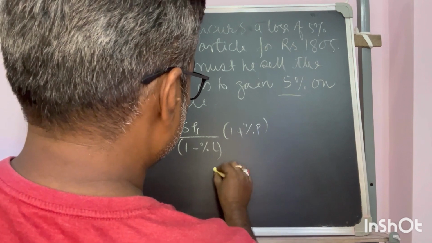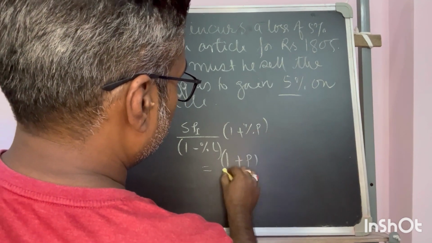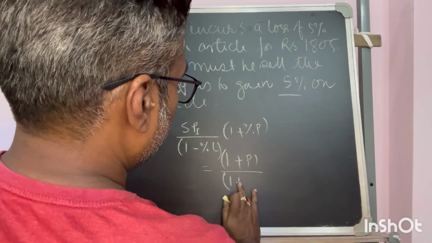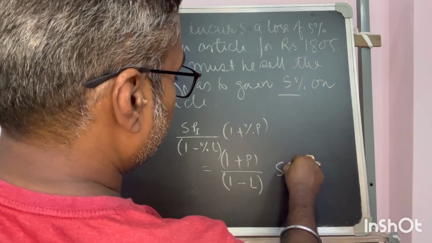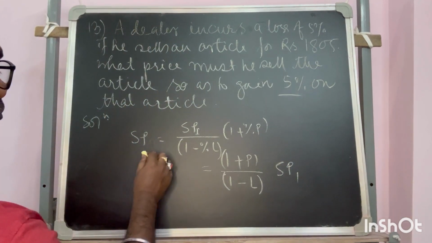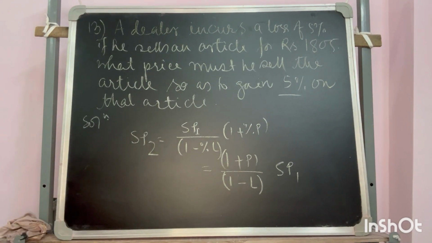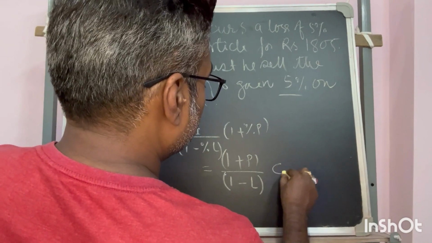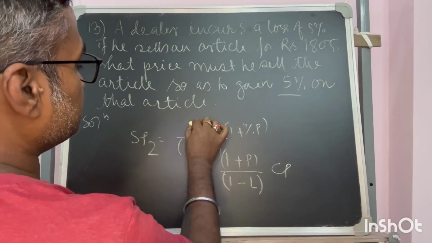That can be written. So you can write 1 plus P, if I don't write the percentage. The formula ultimately changes into a fraction, 1 plus P by 1 minus L into SP1. If it is SP2, I can consider the second selling price. CP, not SP. This is the CP.